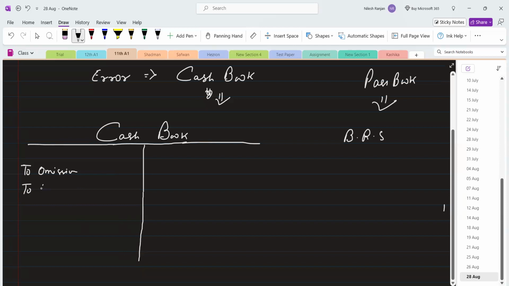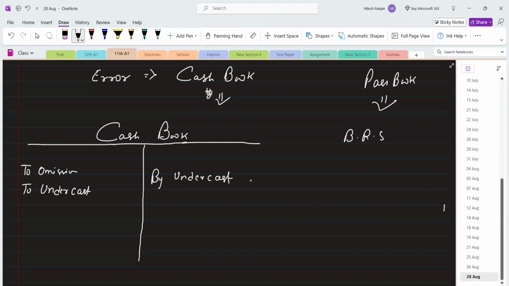If it is less calculated, then you'll write "to undercast." If it is on the credit side, then you will write "by undercast." Whatever the amount that is mistaken in your calculation, you'll write that up.